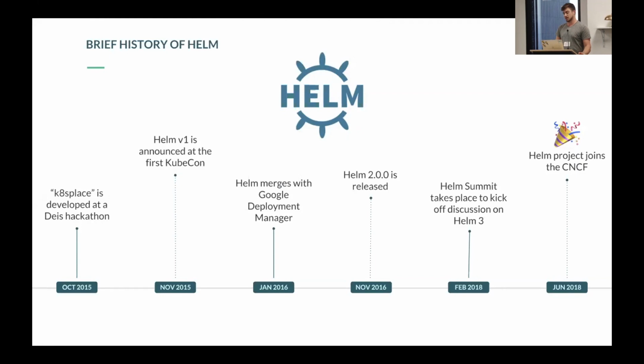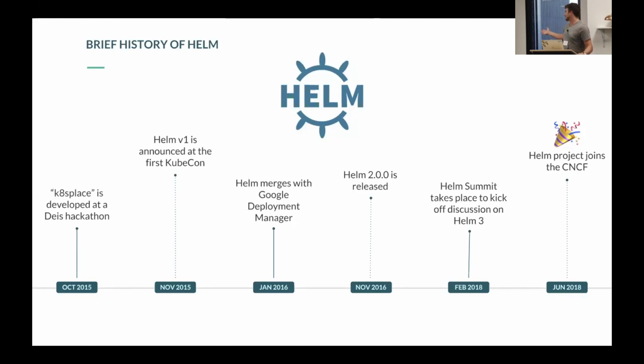And Deployment Manager is essentially, from what I understand about the history, what Tiller is today, the server-side component. And fast forward a little bit, end of 2016, Helm 2.0 is released, which is a combination of what Helm v1 and Deployment Manager was and what Helm as we know it today.